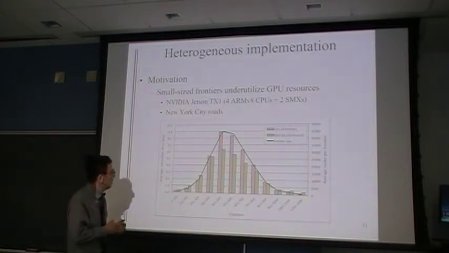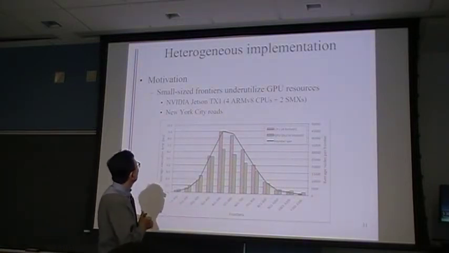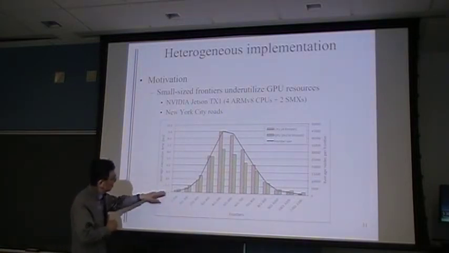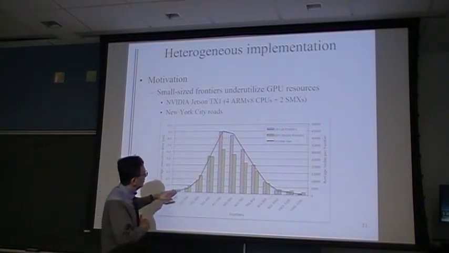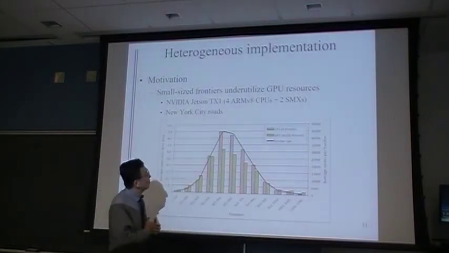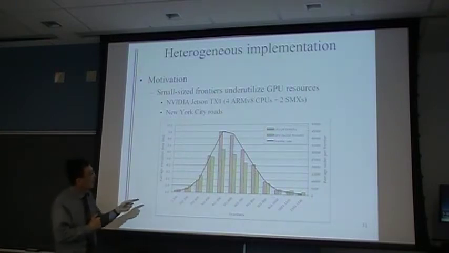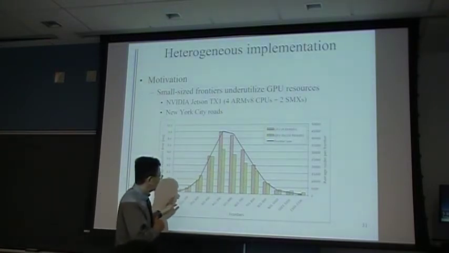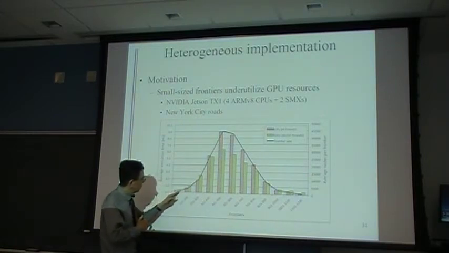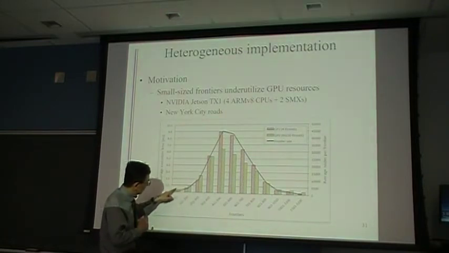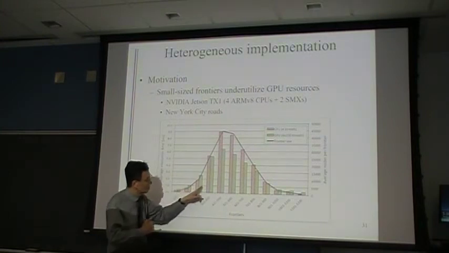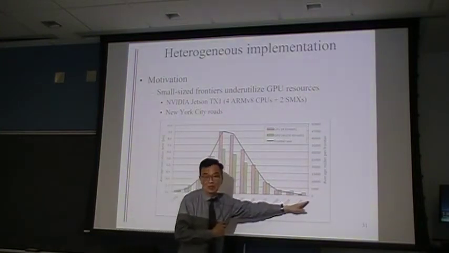There's some interesting observations. When we look at this, this is the profile for a breadth first search on one of the graphs. This is the histogram of the average execution time of, let's say, the first 100 frontiers, and then the next 100 frontiers, and so on, until you're done, right?